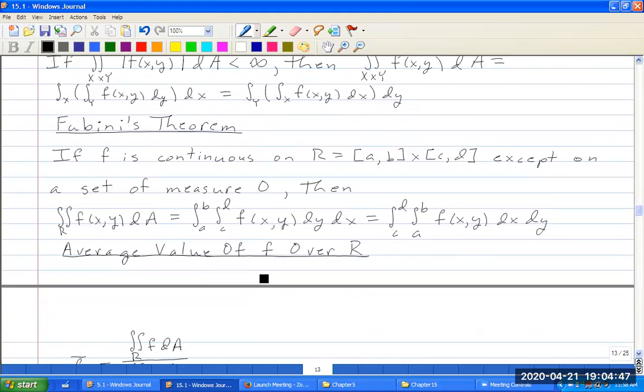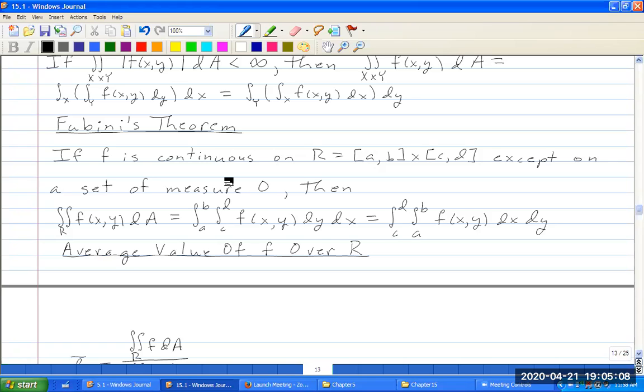Okay, so if f is continuous on a rectangle R being the closed interval from a to b, Cartesian product with the closed interval c to d, except on a set of measure 0.